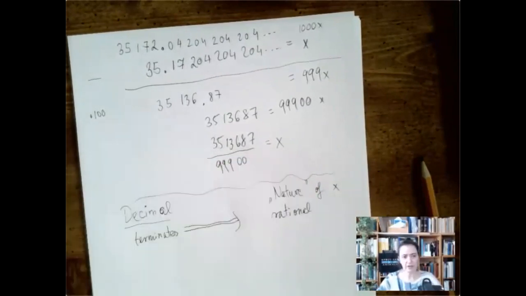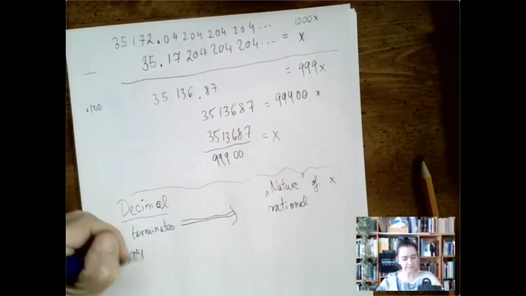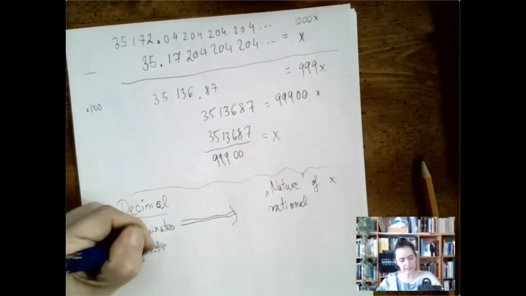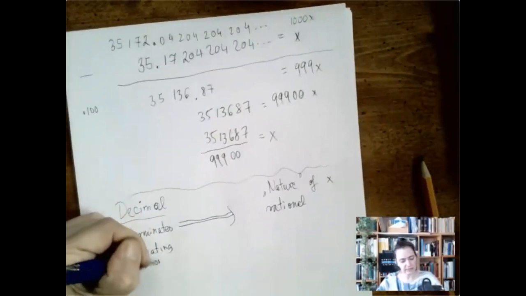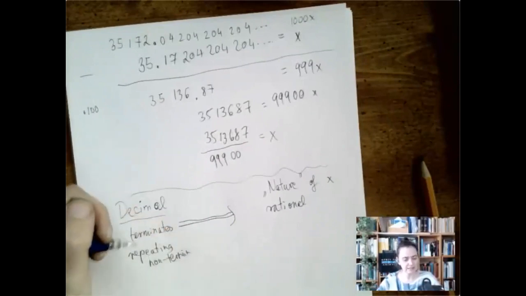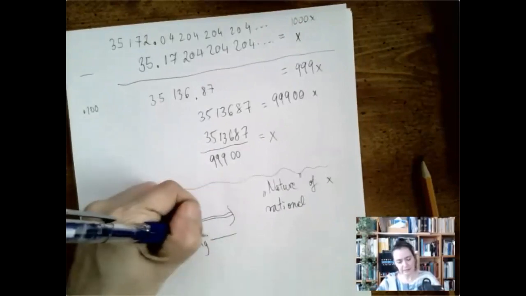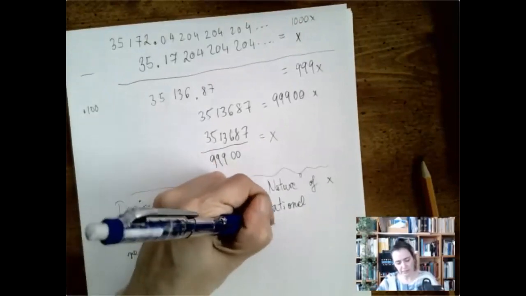We don't have it backwards. If the decimal doesn't terminate but repeats, so I'm going to call it repeating non-terminating, that too means that the number is rational.